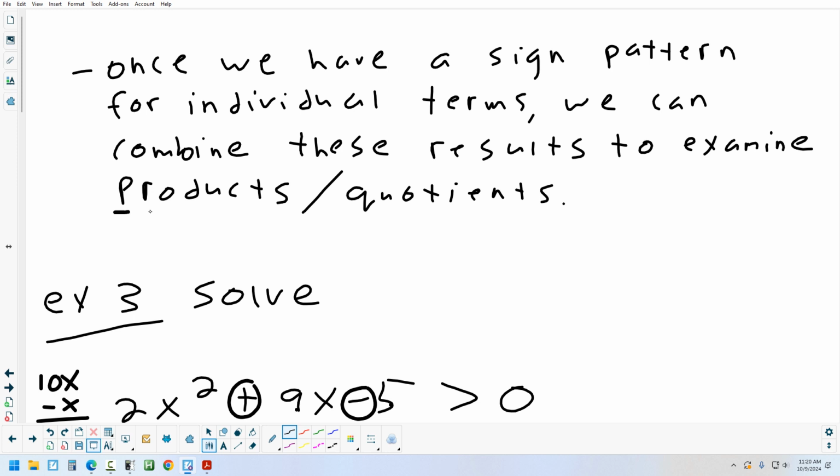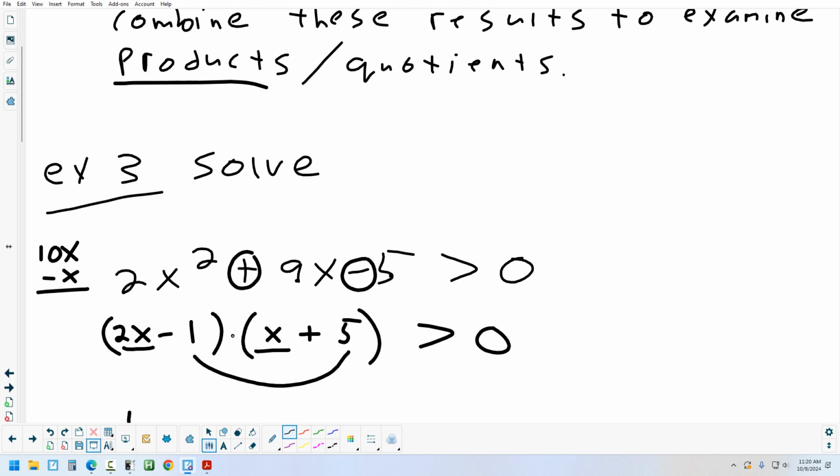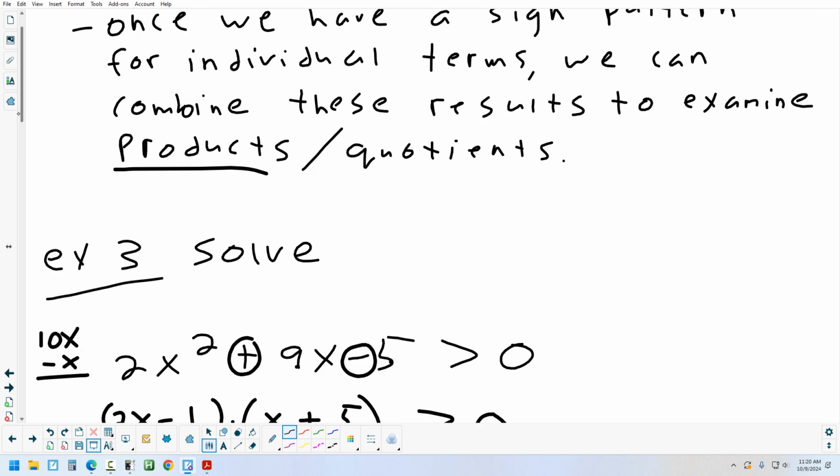Whether we're looking at a product, which in this case, we're doing a product of 2 factors, or a quotient, like a division of 2 factors, it's the same process. Only thing with division is you want to make sure you don't ever divide by 0. So that can affect your answer. But with products, that's not an issue because you don't have any fractions.